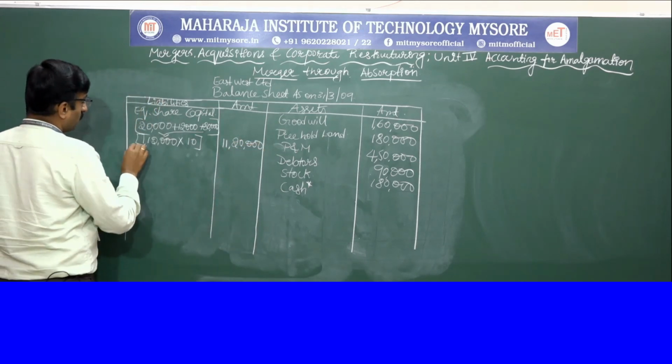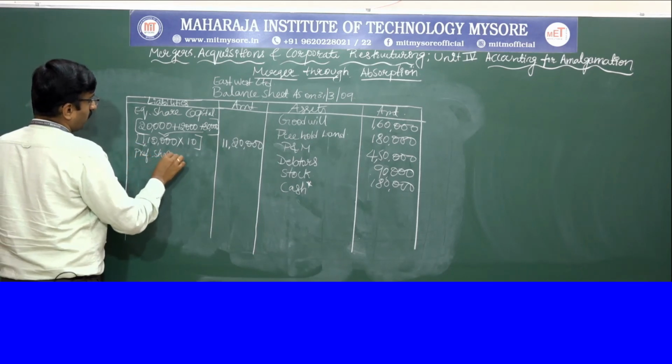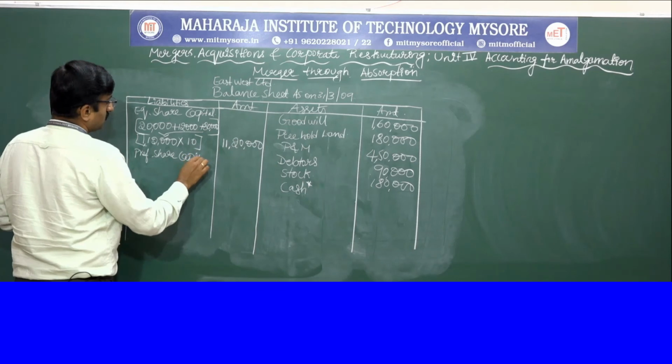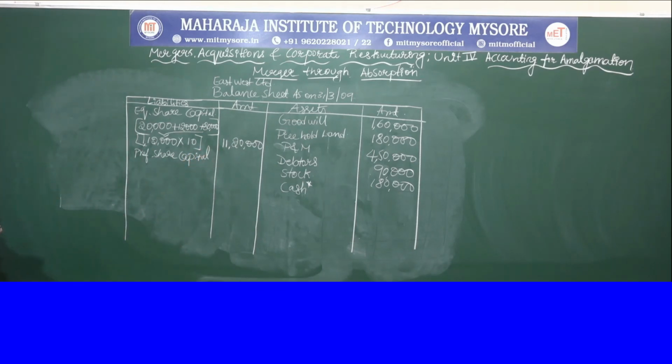Next, moving on to preference share capital. The total number of shares we need to calculate, see the adjustment.